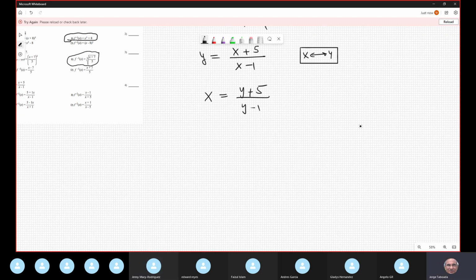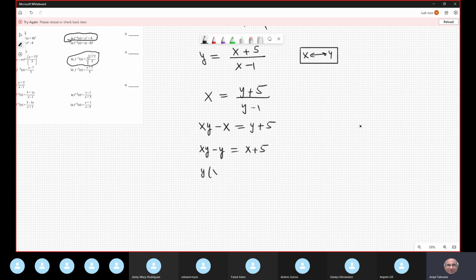Yes. So you cross multiply. It is x times y minus x equals y plus 5. Yeah, the error the first time was that it was y minus 5 in the denominator. Okay, now xy minus y is equal to x plus 5.